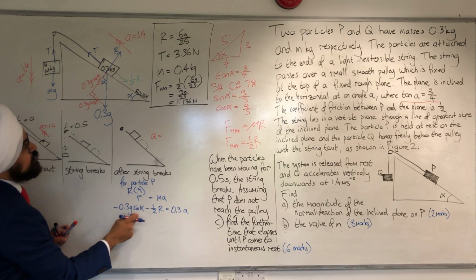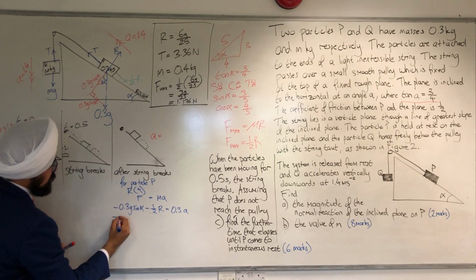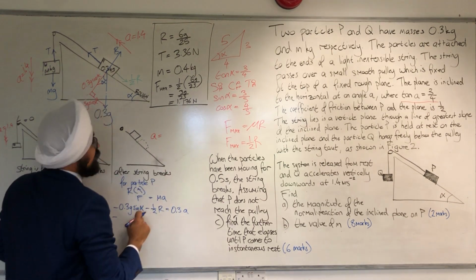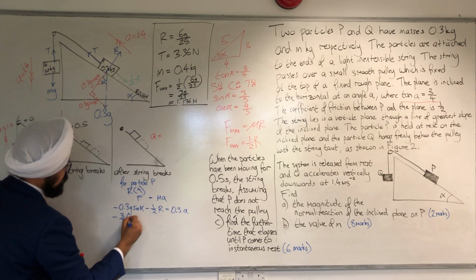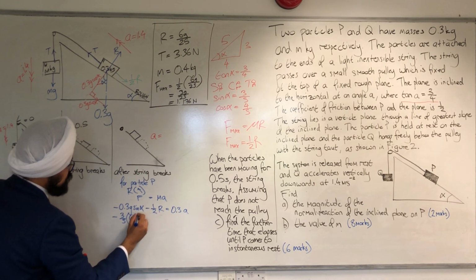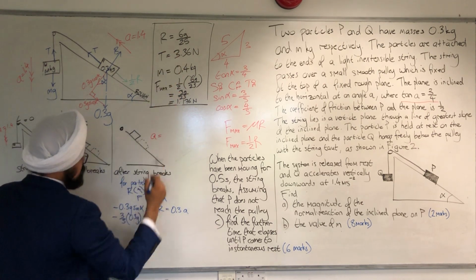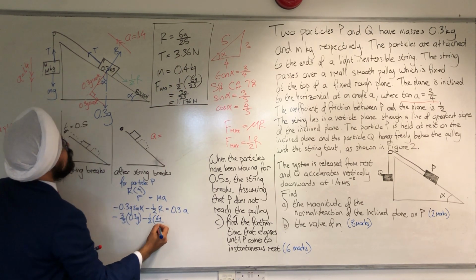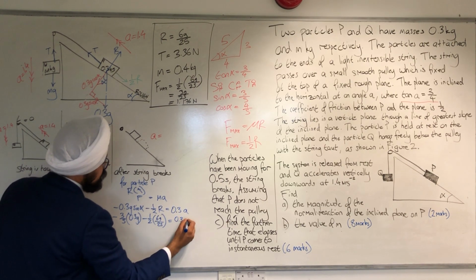And I know the sine alpha fraction is 3 over 5. So I end up with this situation, minus, so sine alpha is 3 over 5 times 0.3g minus half times r, which is 6g all over 25, and that's equal to 0.3a.